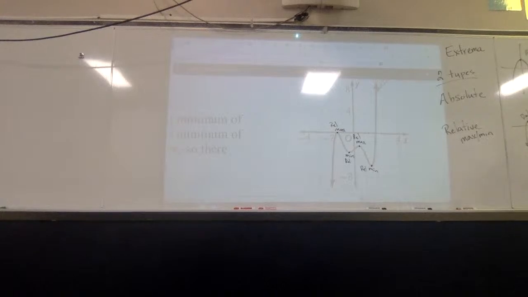Sure, so that's equal for absolute max Y value, highest Y value. This has both an absolute minimum and a relative minimum.